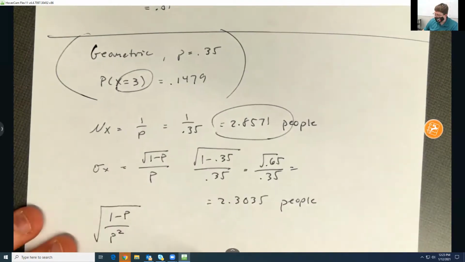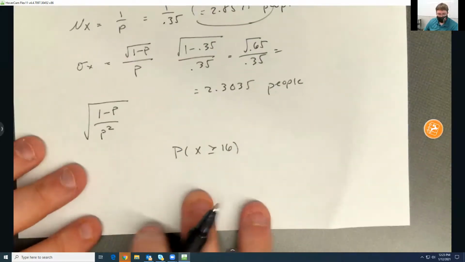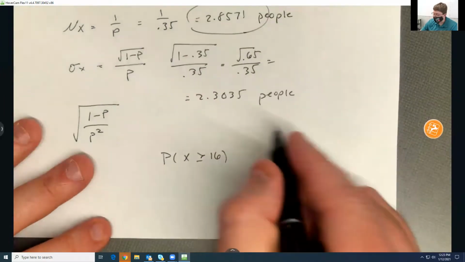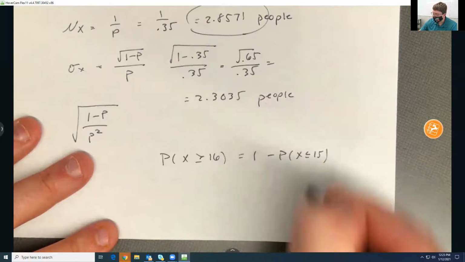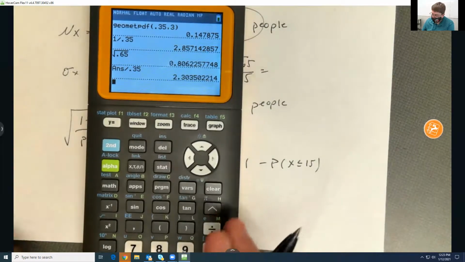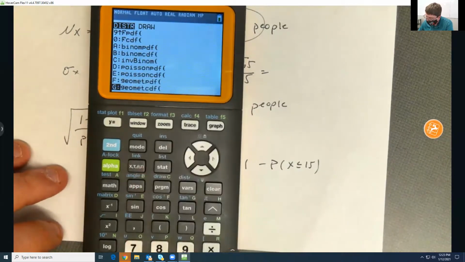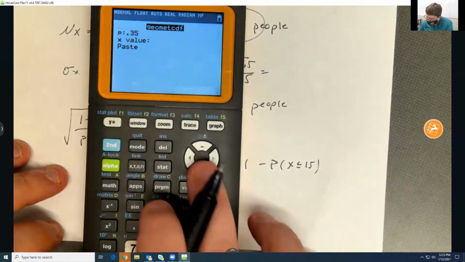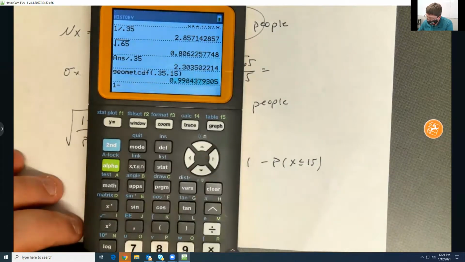But like I say, if you were curious, you might ask, what's the chance it's going to take her the 16th try or more to get this? If you want to be nerdy and see how these things work, this is the same as 1 minus the probability that x is less than or equal to 15. So you go in here, and again, this is not in your notes. This is me being like, what the heck, why not? So our probability is 35, x value is 15, and it's 1 minus that number.